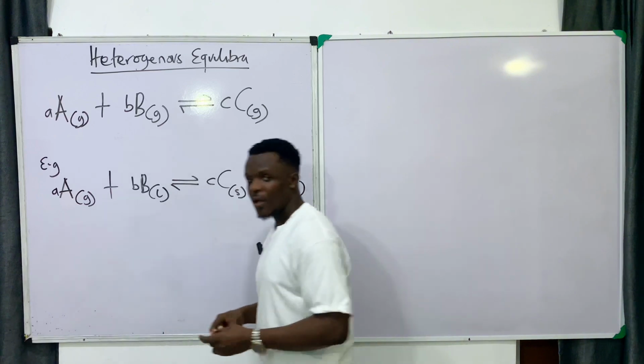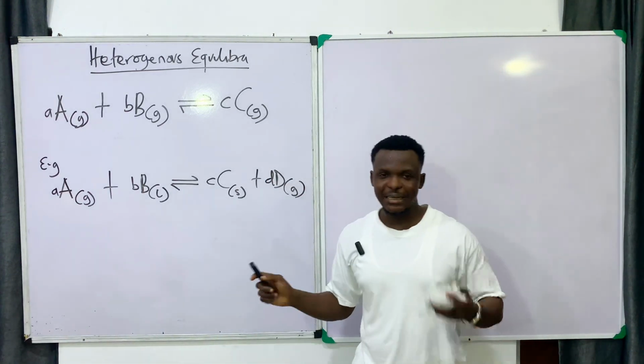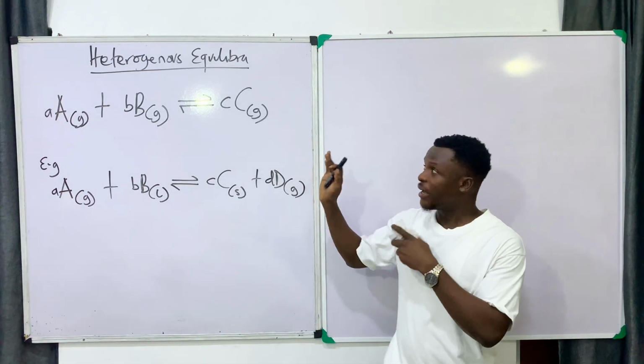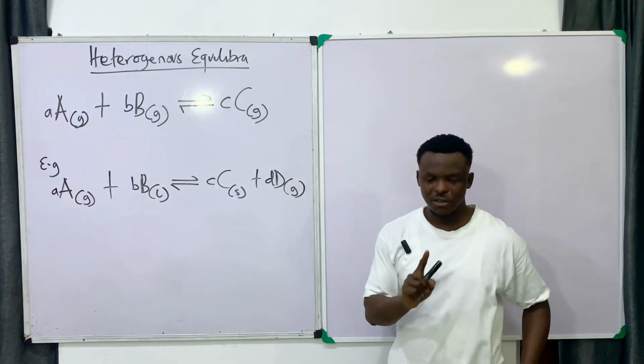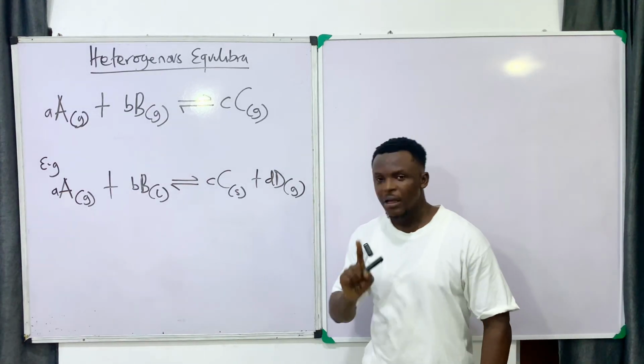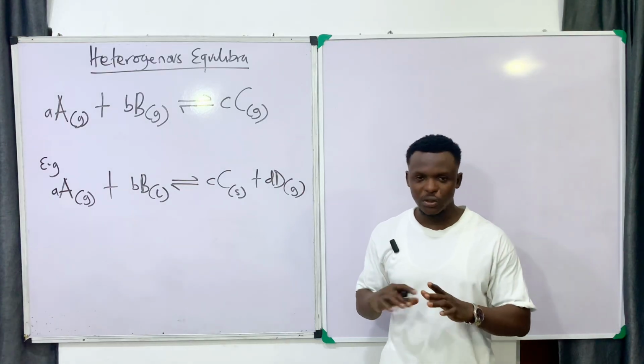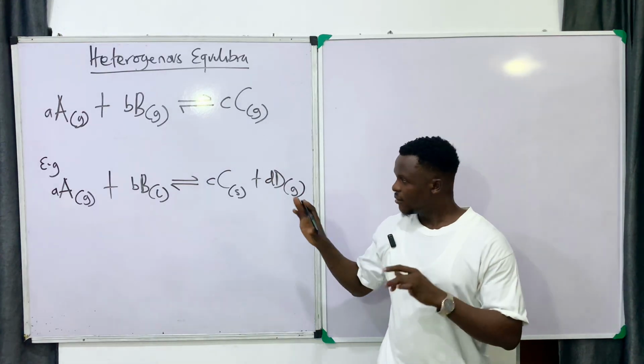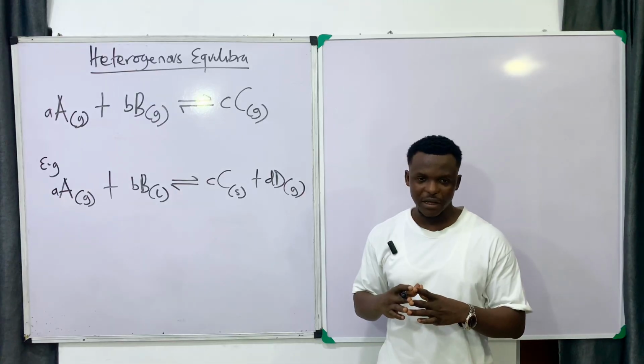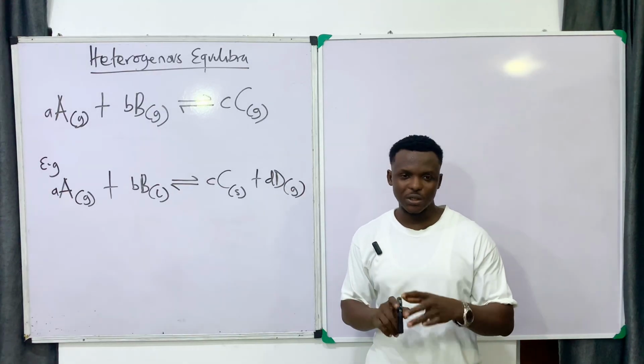Class, if you're to write the equilibrium constant expression for heterogeneous equilibria, please listen very carefully. Liquid and solid do not take part in the equilibrium constant expression. Never. Liquid and solid do not take part.